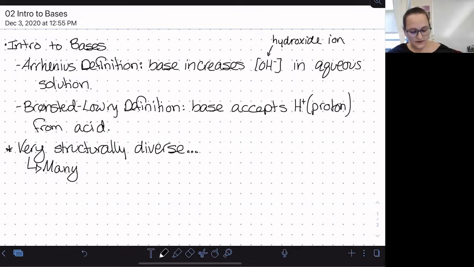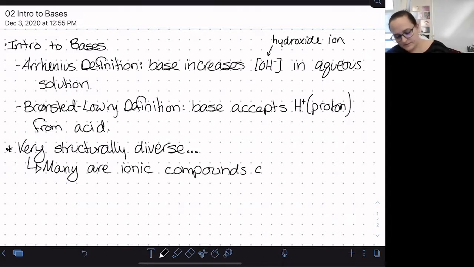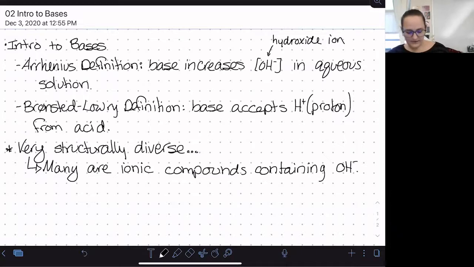bases that you will see are ionic compounds containing hydroxide. So when the anion is hydroxide, it makes sense that when that dissolves in aqueous solution, the hydroxide ion concentration would increase, since we know that ionic compounds split apart into their component ions.